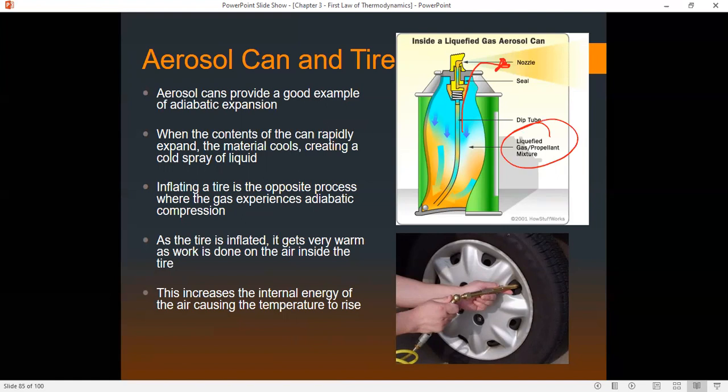In fact, probably more practical application would be an air conditioner, where the liquid refrigerant is allowed to go through a small nozzle. And as it does so, the adiabatic expansion causes the refrigerant to go from a higher temperature to a much lower temperature. And that's how we basically use the refrigerant to pick up the heat from inside a refrigerator, inside a freezer, right? We allow it to expand, it drops in temperature, it'll absorb heat.